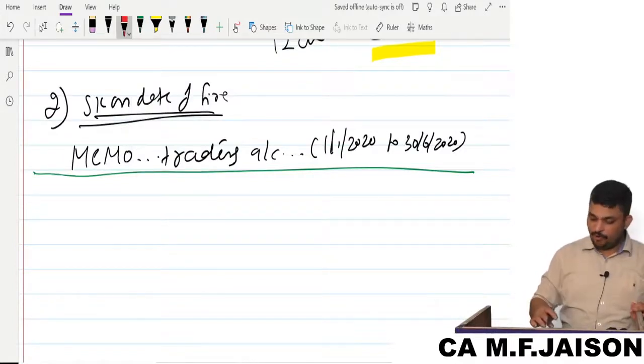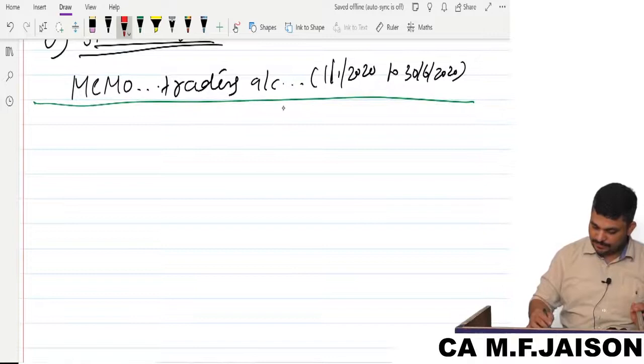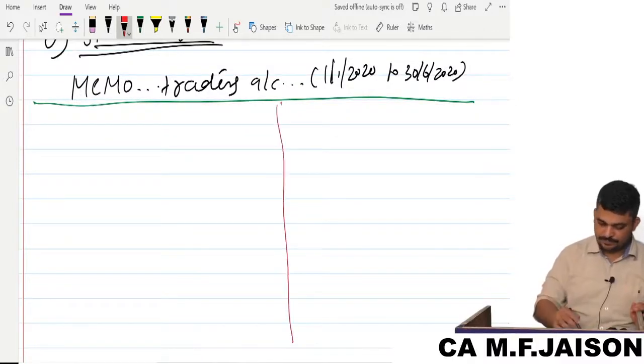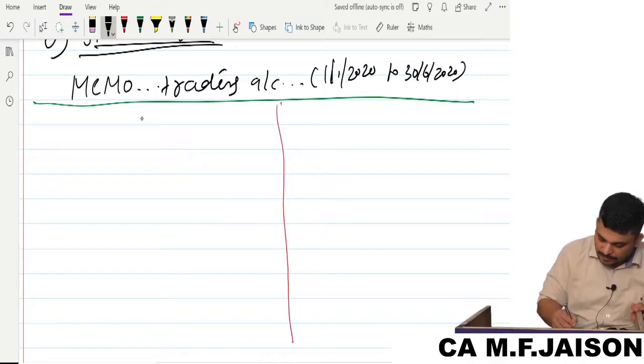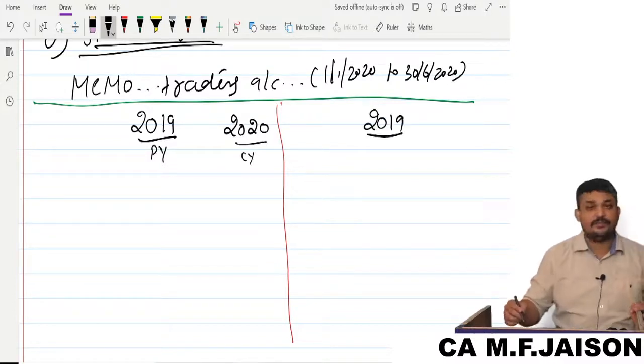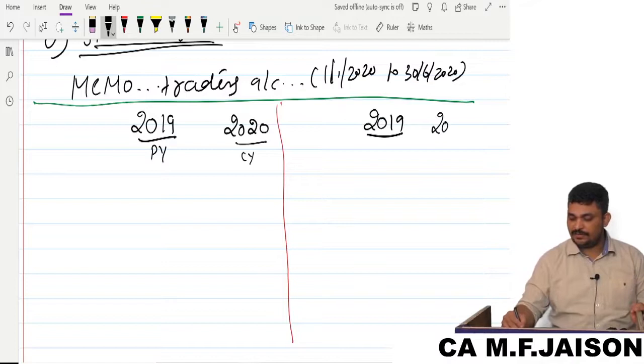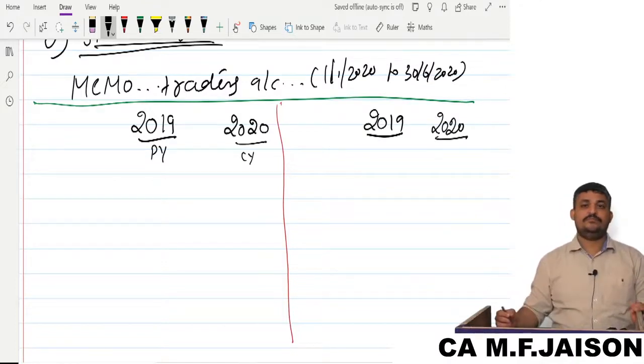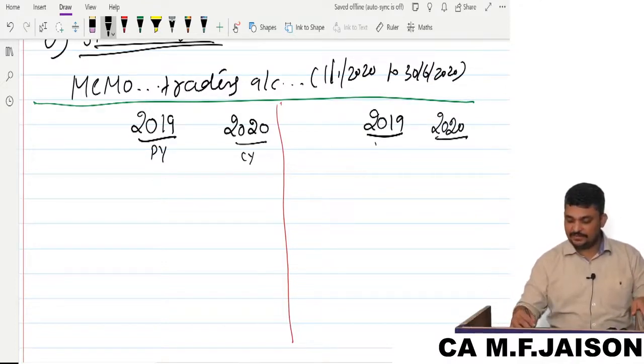Here I open two columns. 2019 column, 2020 column, which is previous year and current year.